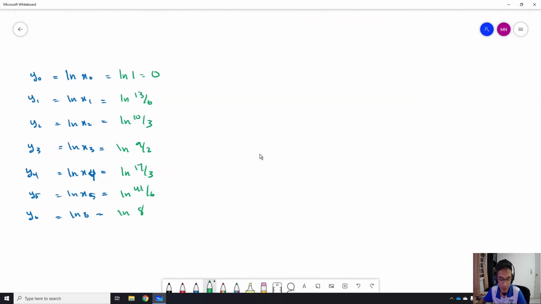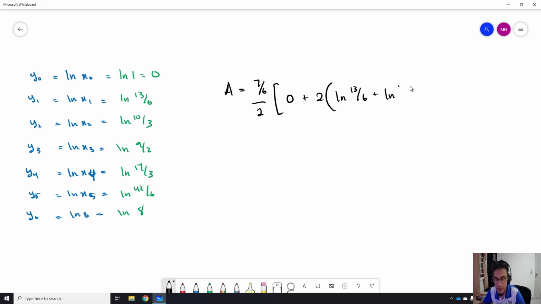Then we substitute the values into the formula of our trapezoidal rule. So that is 7 over 6 over 2, times 0 plus 2 times the bracket of ln 13 over 6 plus ln 10 over 3 plus ln 9 over 2 plus ln 17 over 3 plus ln 41 over 6, close bracket, plus ln 8.